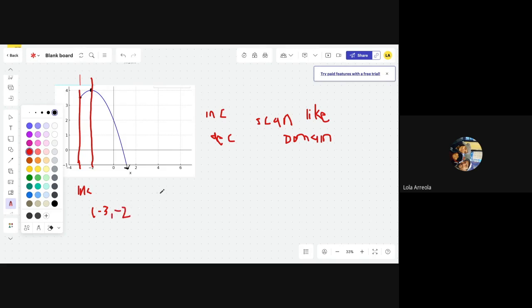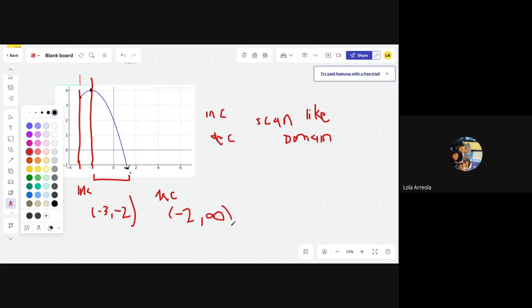Now, where's it decreasing? Okay, well, it appears to be decreasing from -2 to, we don't know. What is that? To, and what direction am I going? Towards infinity.